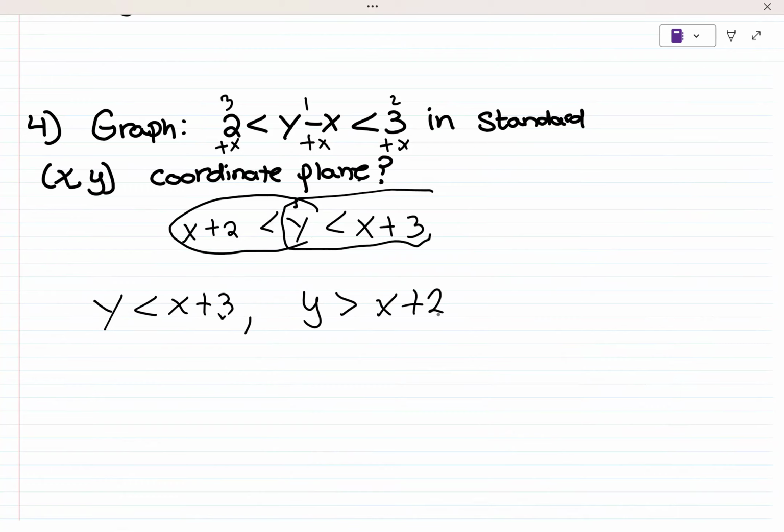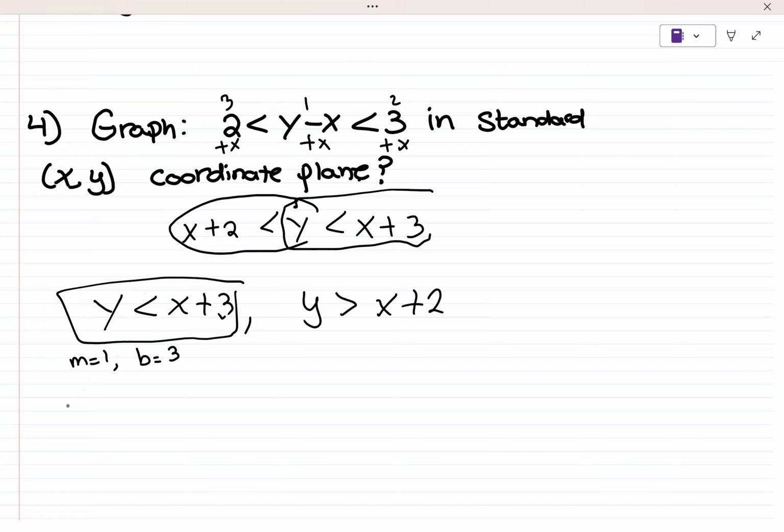And then from here on, you can graph the inequality. You could put this in Desmos, or by hand, for example. If you want by hand, how do I graph this? Well, we know the slope is 1. We also know our b is 3. And what else do we know? Is this going to be solid or dash?